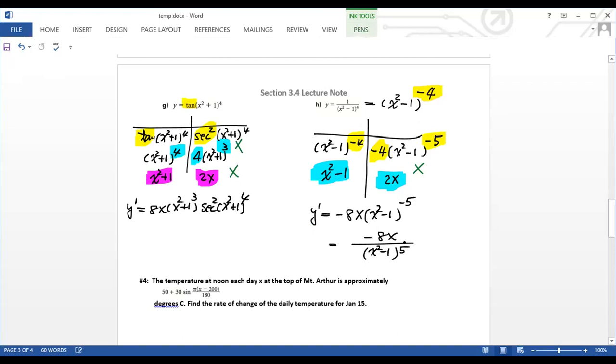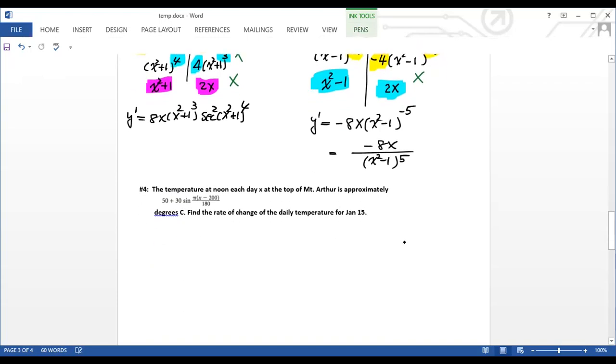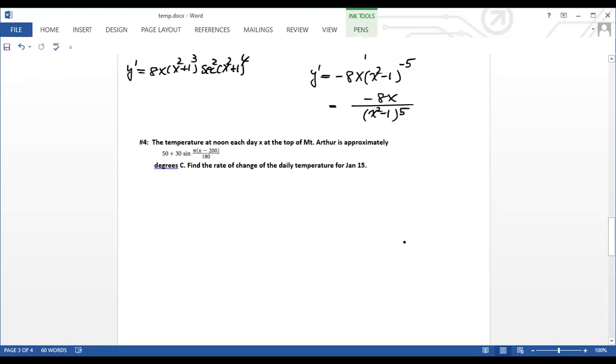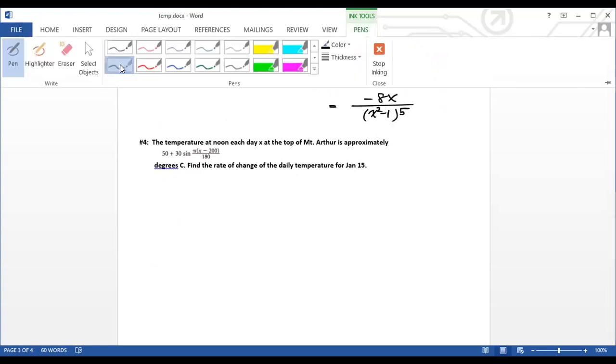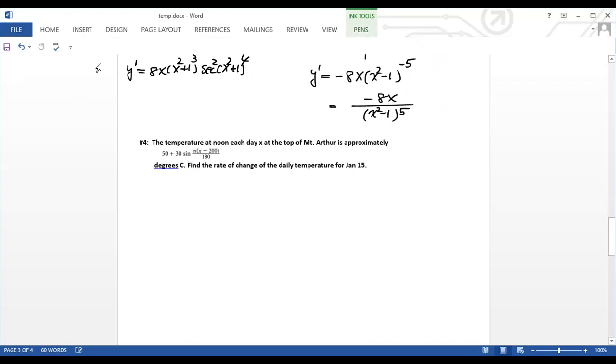All right, okay. So now let's take a look at this application problem. They tell you the temperature at noon at the top of the mountain is approximately this function here, in degrees C. So find the rate of change on January the 15th, okay?